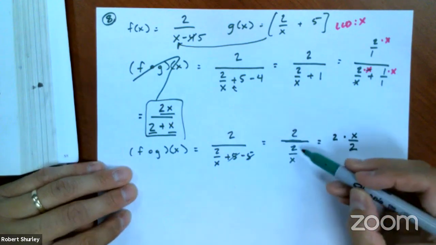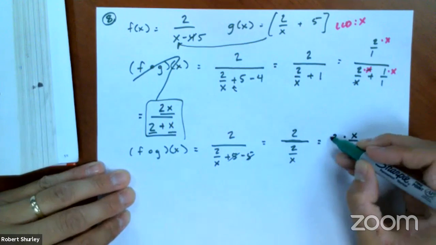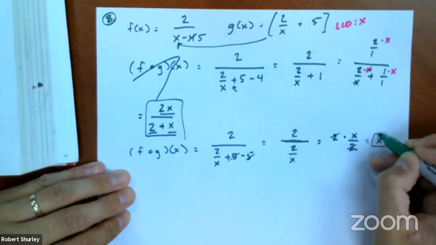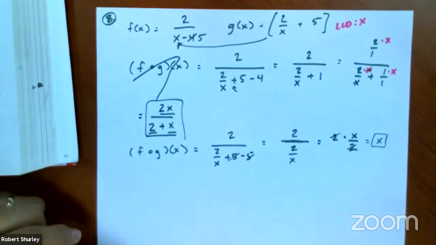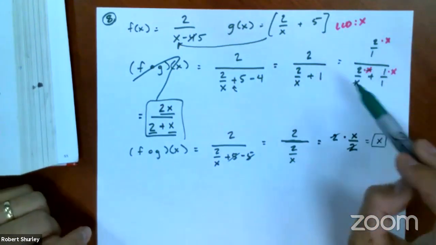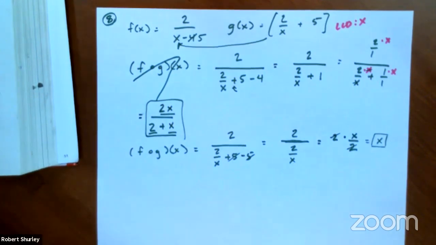So 2 divided by 2 over x is the same as 2 times, and then you flip the fraction. The 2's cancel, and you wind up with x. A lot easier, okay? I was right, though. This is how you simplify a more complex fraction. I want to have that in the bag of tricks, okay?